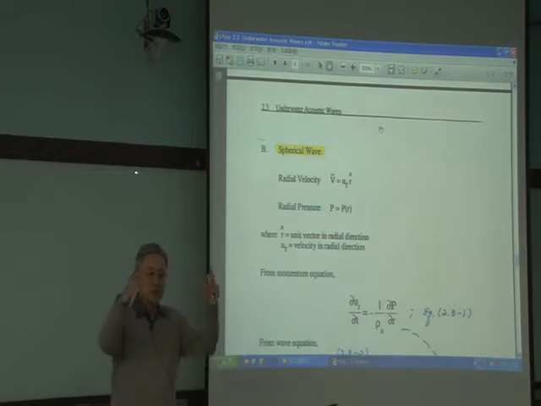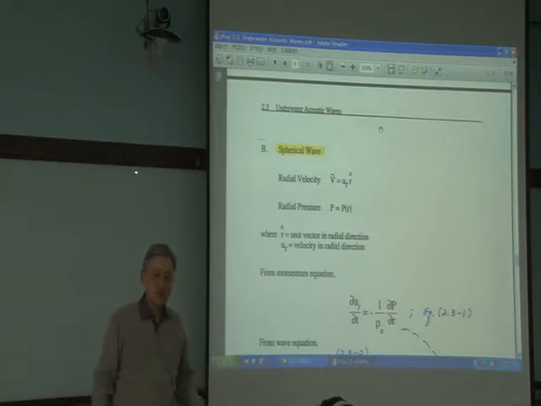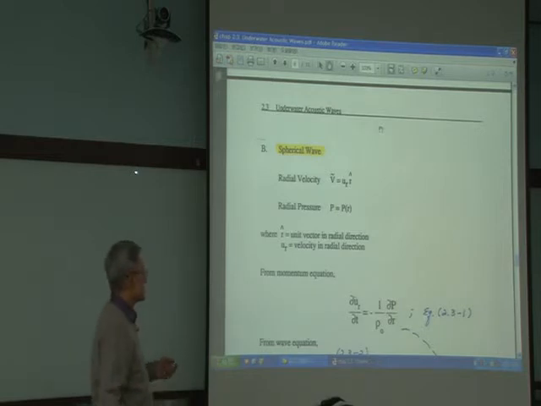So the spherical wave is concerned with looking at the pressure propagation. That's really point symmetric. In the spherical coordinate, it is a function of r, but not a function of theta or psi, because all points on the spherical surface are the same.